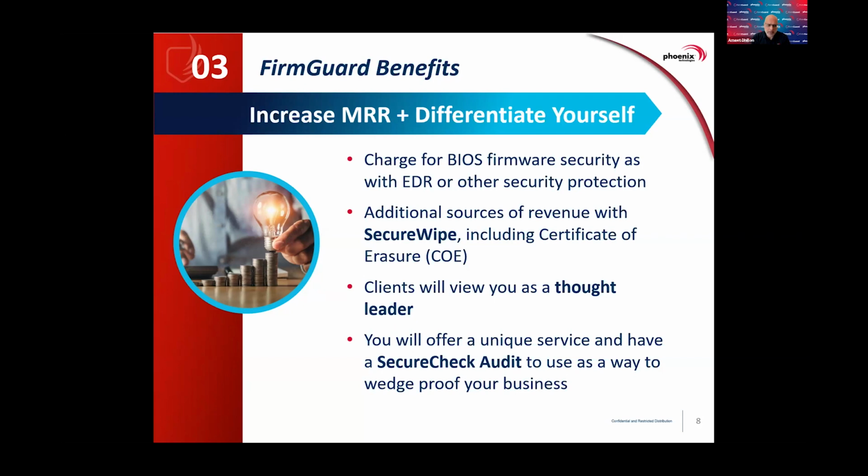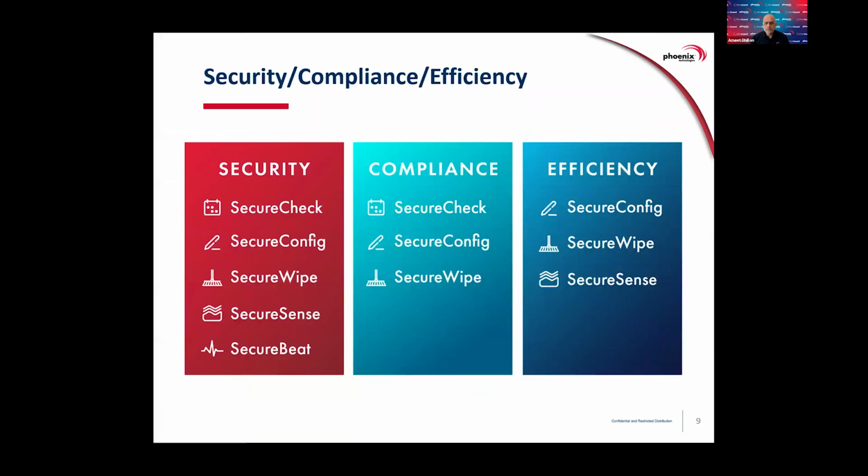I'm willing to bet that pretty much everybody on the call here, their competitors don't have something like FirmGuard. They're not protecting at that layer. So with FirmGuard, you have the ability to not only wedge-proof your business, but actually go on the offense and use FirmGuard as a wedge.